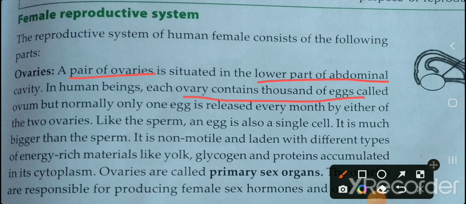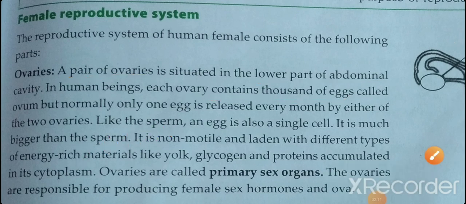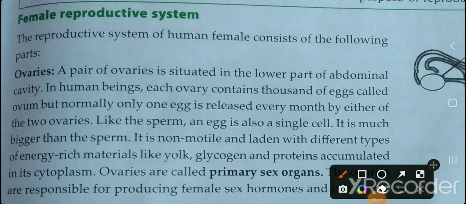The egg is called the ovum, and only one egg is released every month. Not both ovaries will release; any one of the ovaries will release only one egg every month.